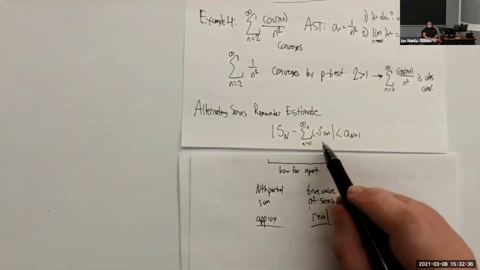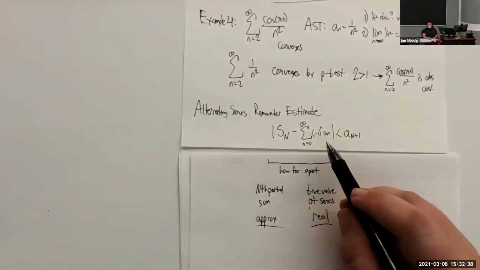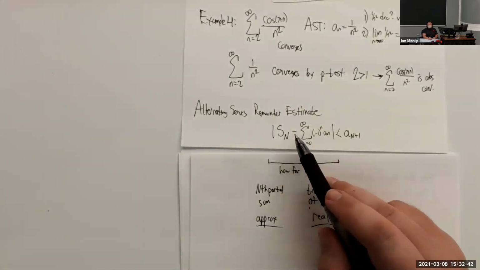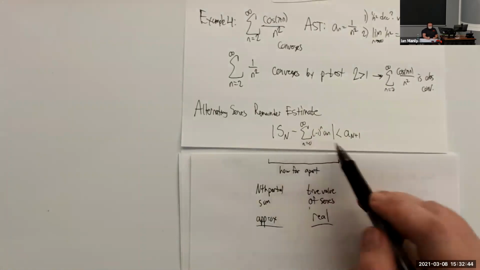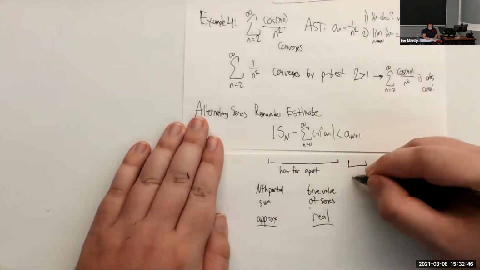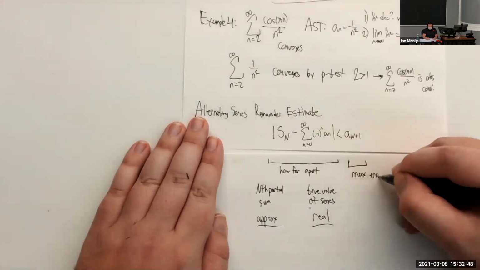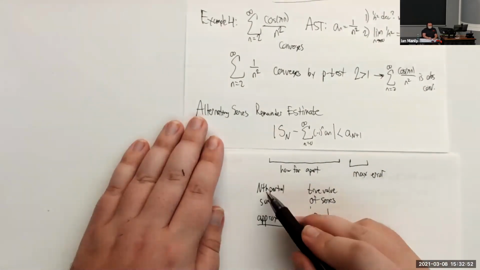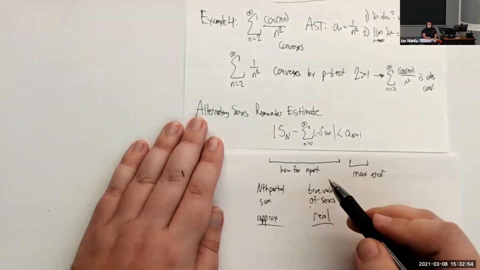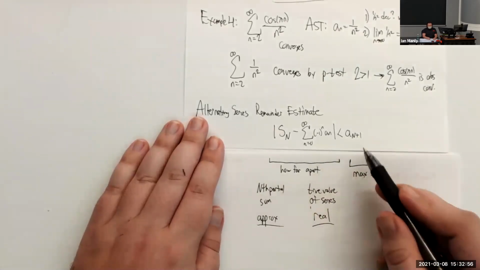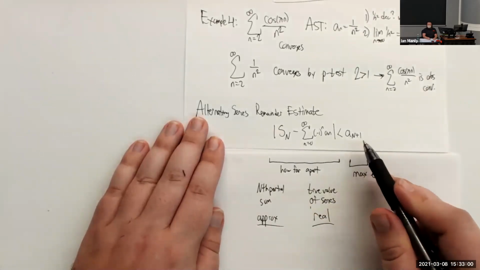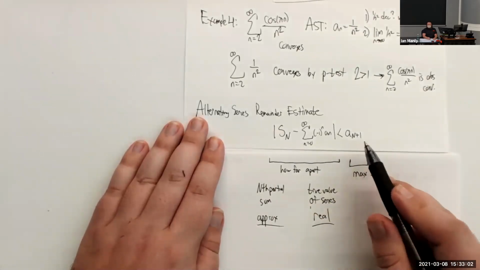Now, what this is saying is we're seeing how far apart the approximation is from the real answer. And like I said, it's really hard to know what series sum up to in general. So the best we can do oftentimes is make an approximation of them. And what this is telling us is the maximum error in our approximation. So if we only want to add up to the nth term rather than adding up infinitely many terms, our error can't be more off than the next term we would have added in our partial sum.